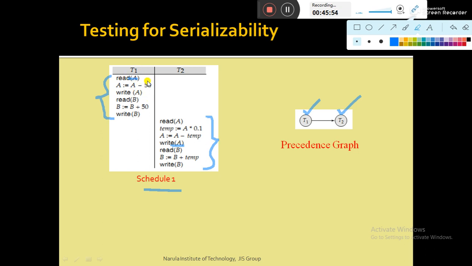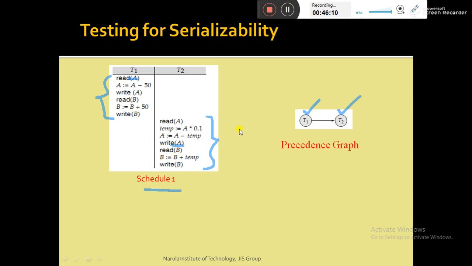So that means T2 is dependent on T1, which is why the edge should be directed to T2. Or in other words, as per the three conditions that I have discussed, the read A operation is done by T1, then the write A operation is done by T2. So the edge should be directed toward T2. Let me explain it further.